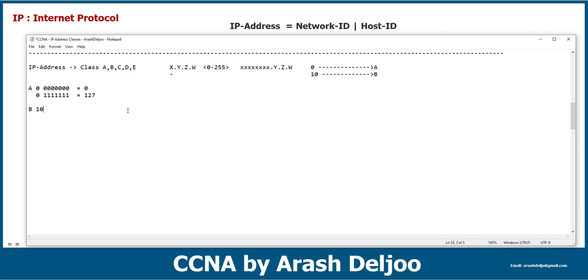Because of that, when an IP address starts with 1, 0, it is a member of class B. This is the rule.